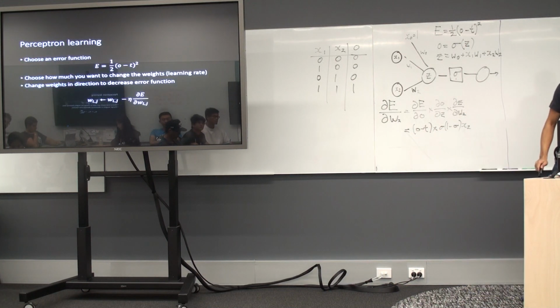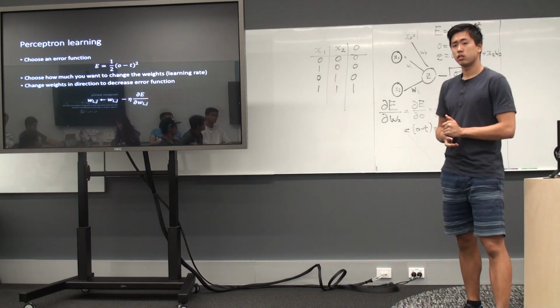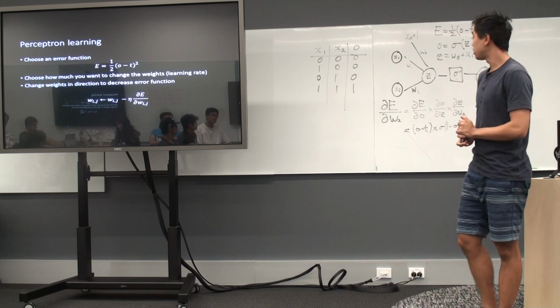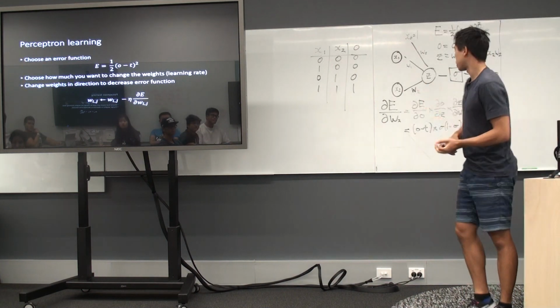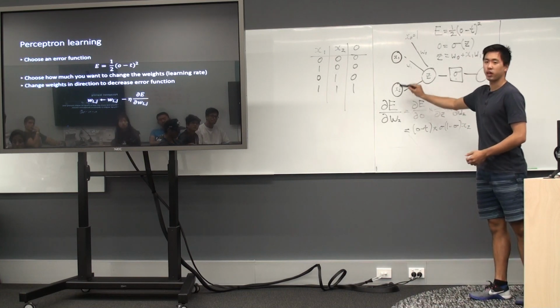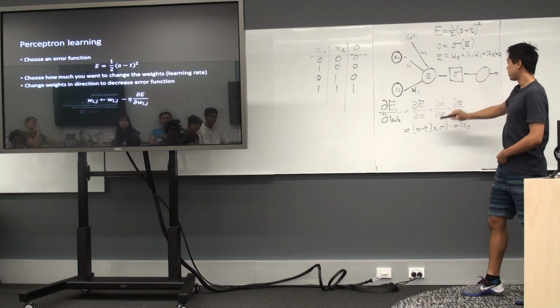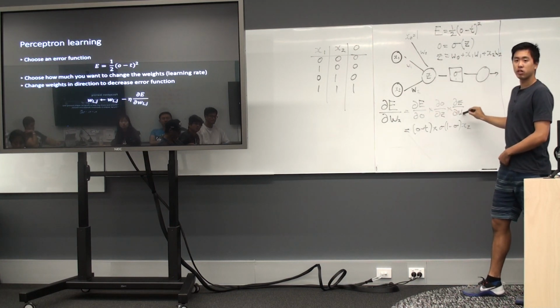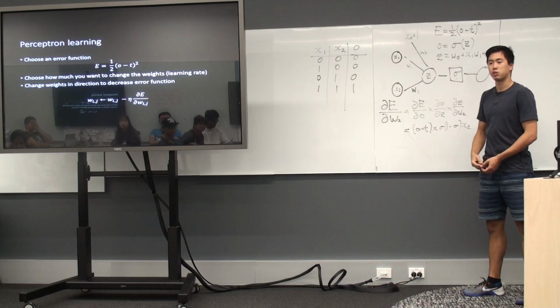Going back to this formula. Why do you only take the derivative of Z with respect to W2? Because for now, I just want to find out how I can change this weight. If I wanted to find out how to change this weight, I would take the derivative with respect to W1. If I wanted to change this weight, I'd take the derivative with respect to W0.